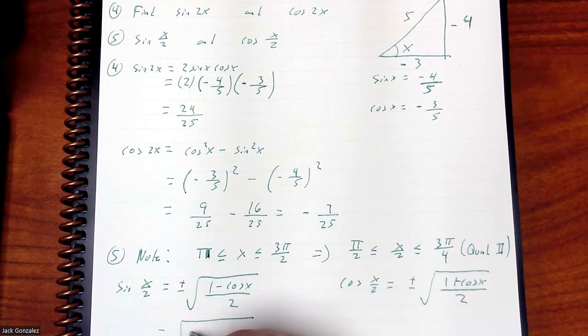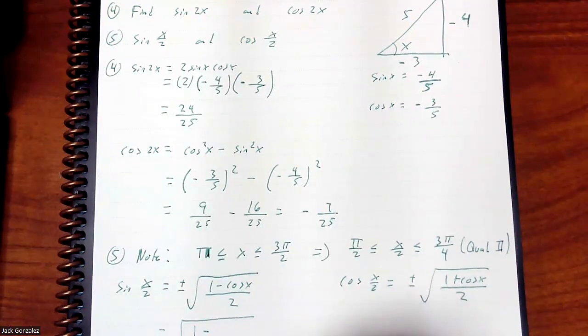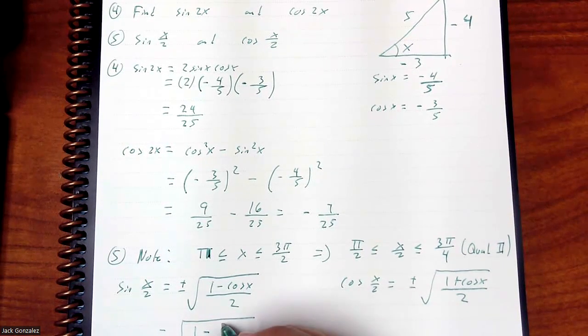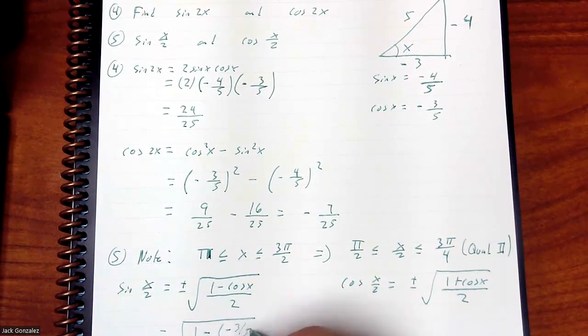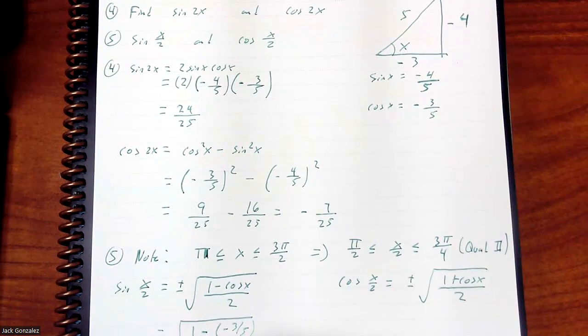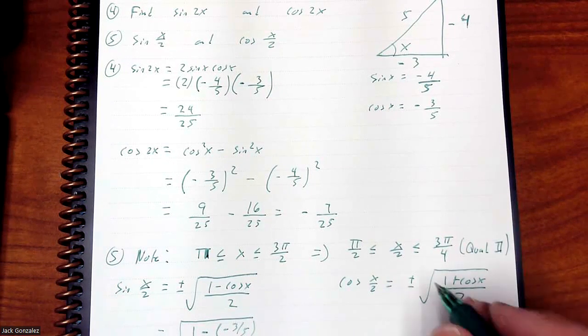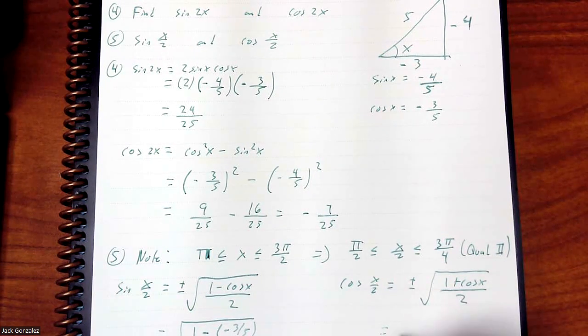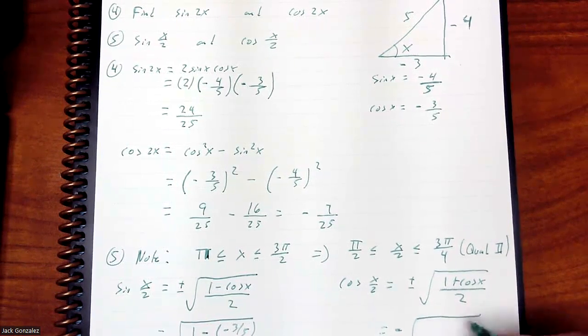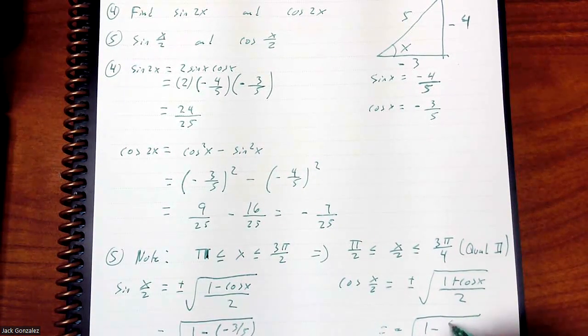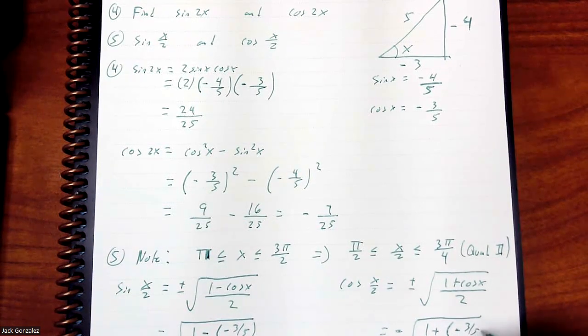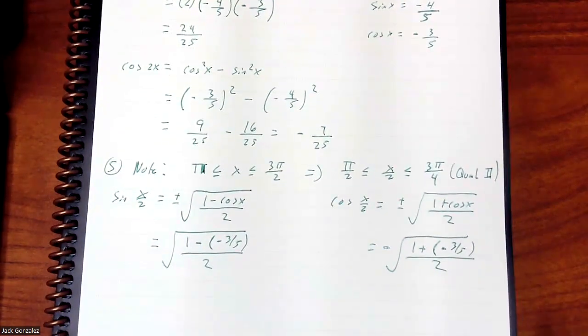So this becomes 1 minus cosine, we said it was negative 3/5, over 2. And then this guy would be negative, 1 plus negative 3/5 over 2. Technically, that is the answer, but you should do some algebra.